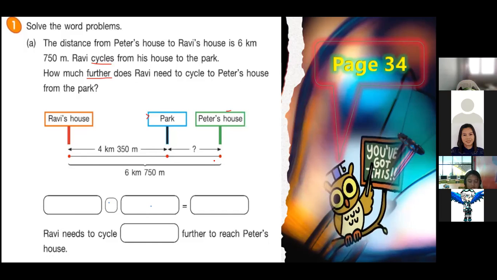Just tell me if you finish. Do you have any questions? Okay, so what operation will you use here? The word is farther. What operation will you use? You can answer.